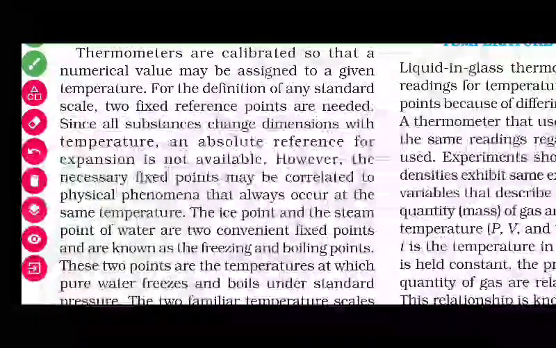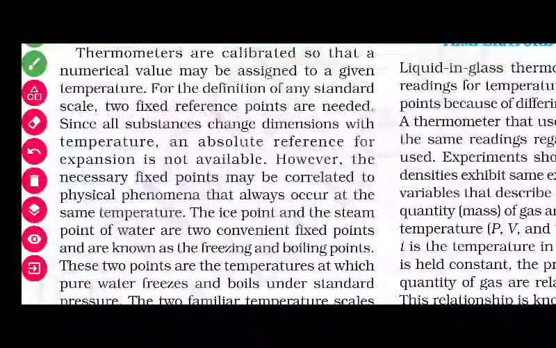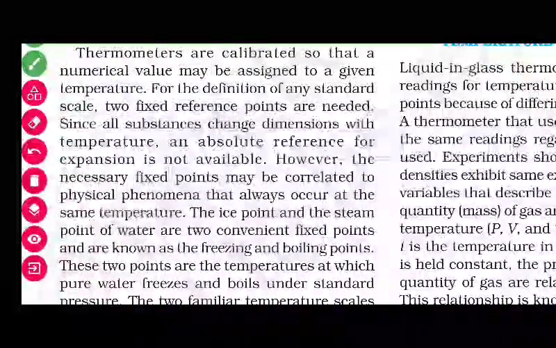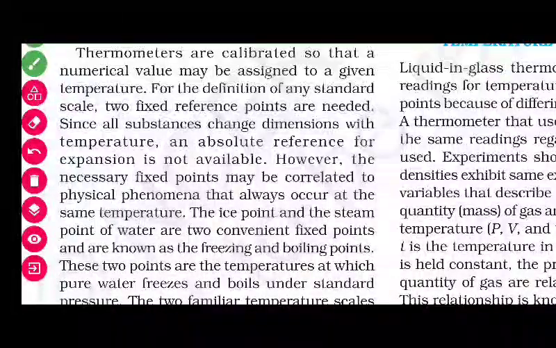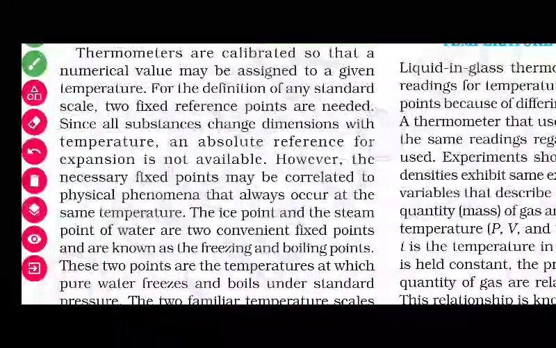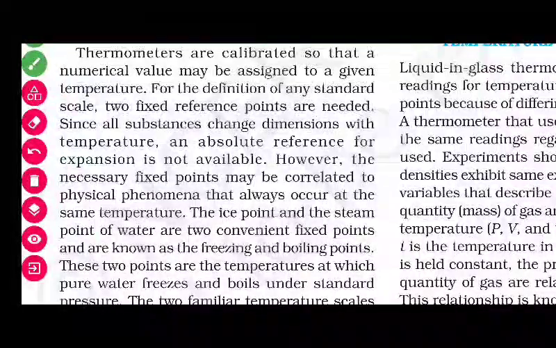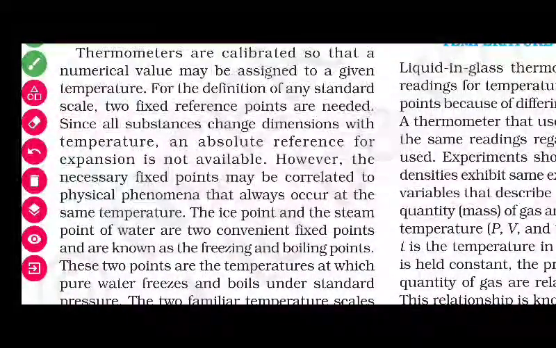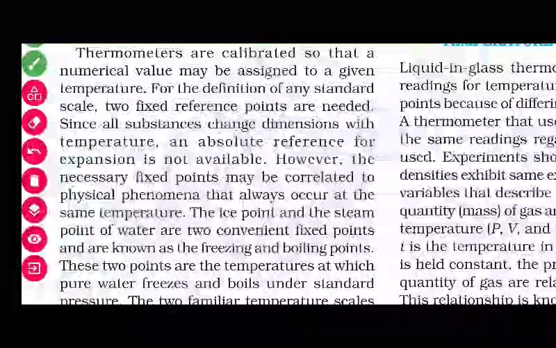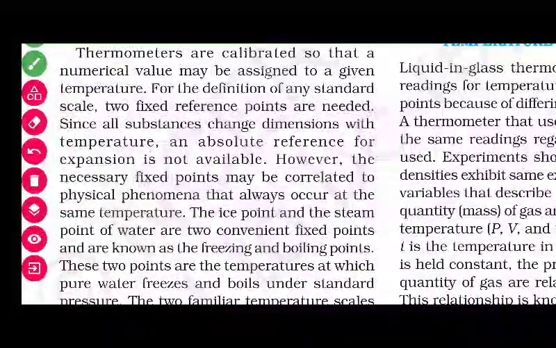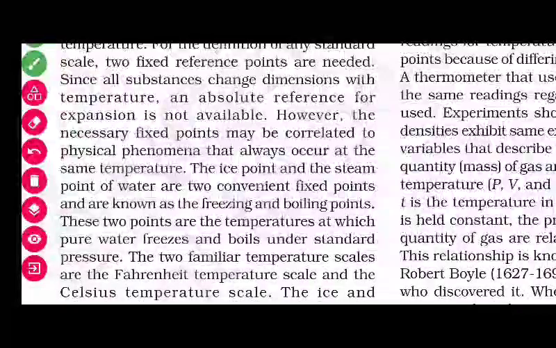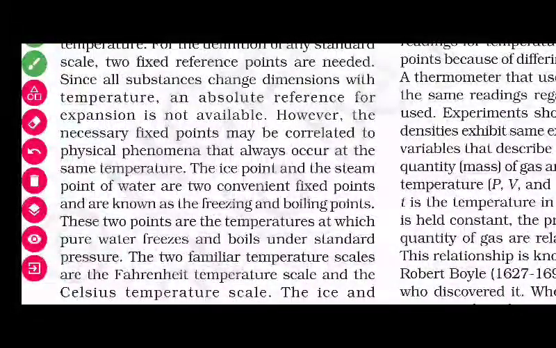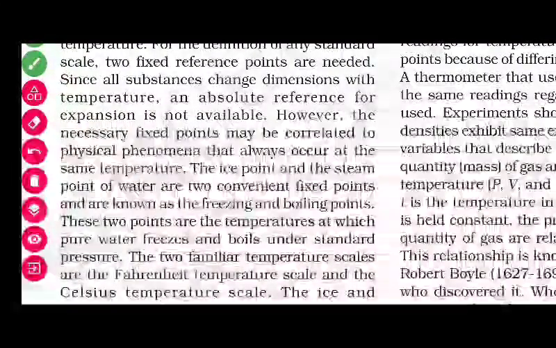There is a lot of variation, but certain properties occur exactly at the same temperature. Like the triple point, and even the melting and boiling points, though we'll see that with impurity they are not a good option. But for discussion now, the ice point and the steam point of water are two convenient fixed points, known as the freezing and boiling points.